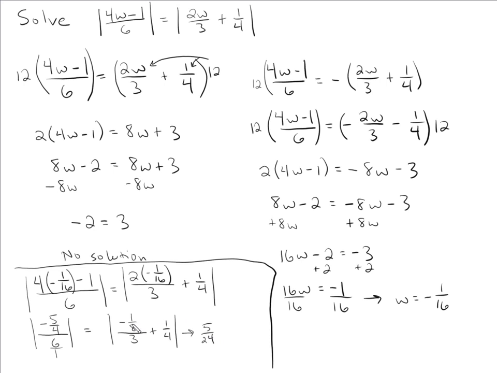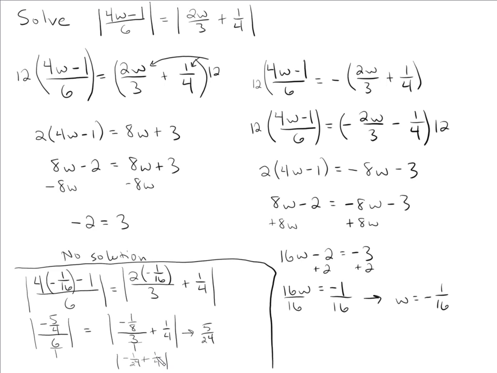Okay, then on the right side, remember that since it was absolute value, that negative goes away. On the right side, we'll have negative 1/8 over 3, and again, remember this is the same as 3 over 1. So if you invert and multiply here, you get negative 1/8 times 1/3, so that's negative 1 over 24, plus 1/4.